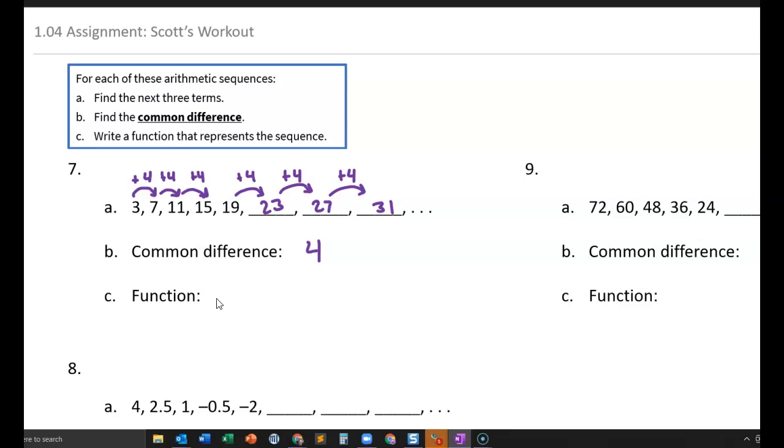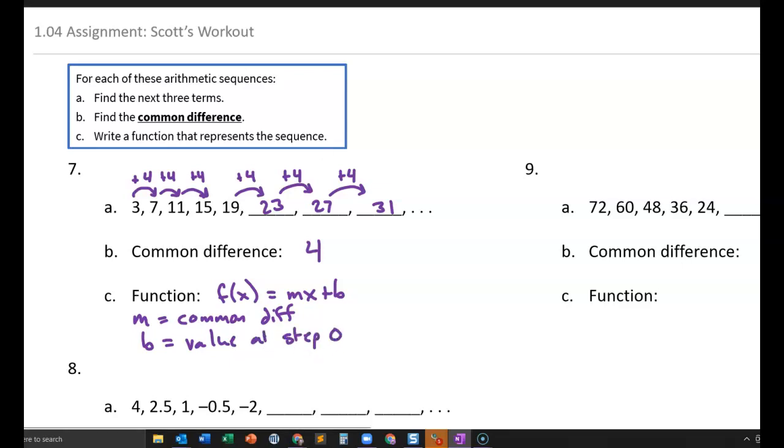And then our function, okay, now we get to remember what we learned today. It's going to be f of x equals mx plus b. We need to know m and b, so what was m? M was the common difference, and b was the value at step 0.